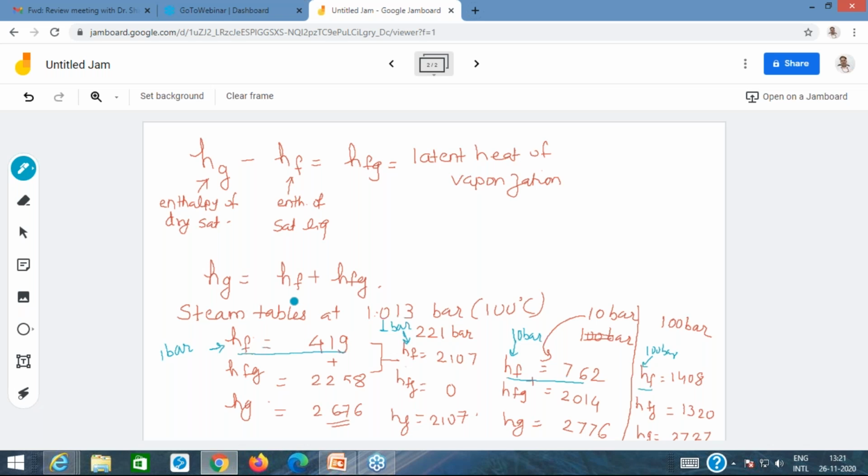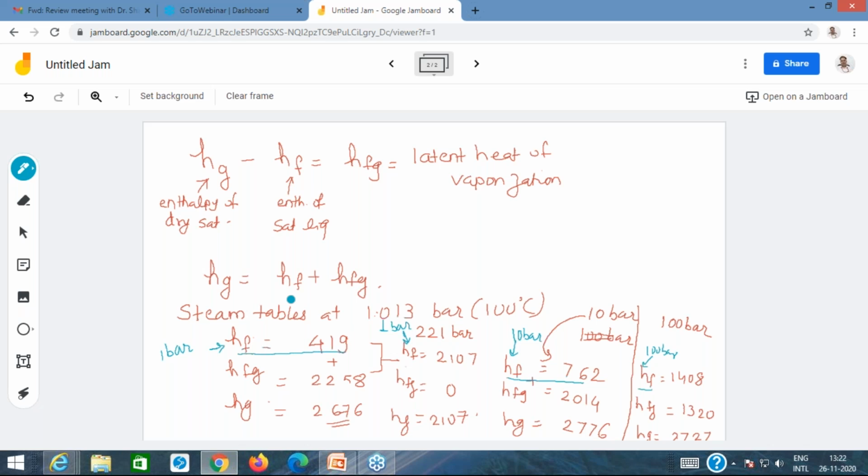The enthalpy Hf means what? Pranav, what is Hf? Yeah, correct. Hf is the enthalpy of saturated liquid. Neha, why have you put the Hf value as 1? Neha, it is wrong. Hf is the enthalpy of saturated liquid.